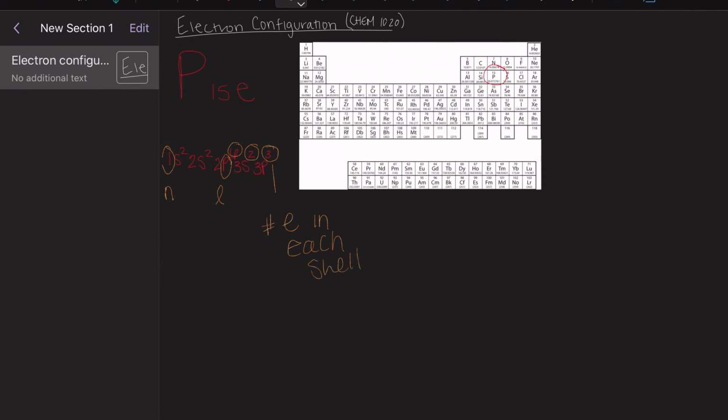So, when we're talking about those electrons, we just go across the periodic table and fill in each shell. So, for this example, we're going to go all the way to phosphorus. So, we know it's got 15 electrons.